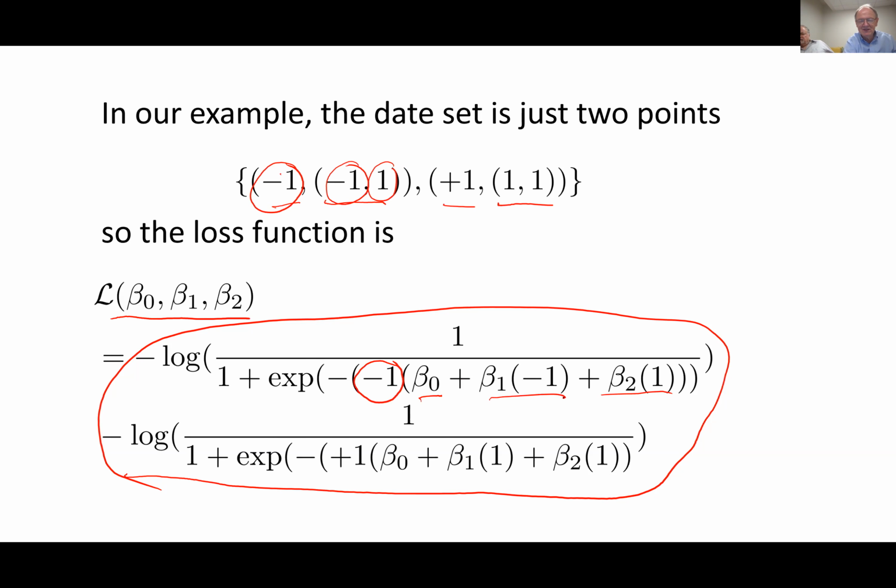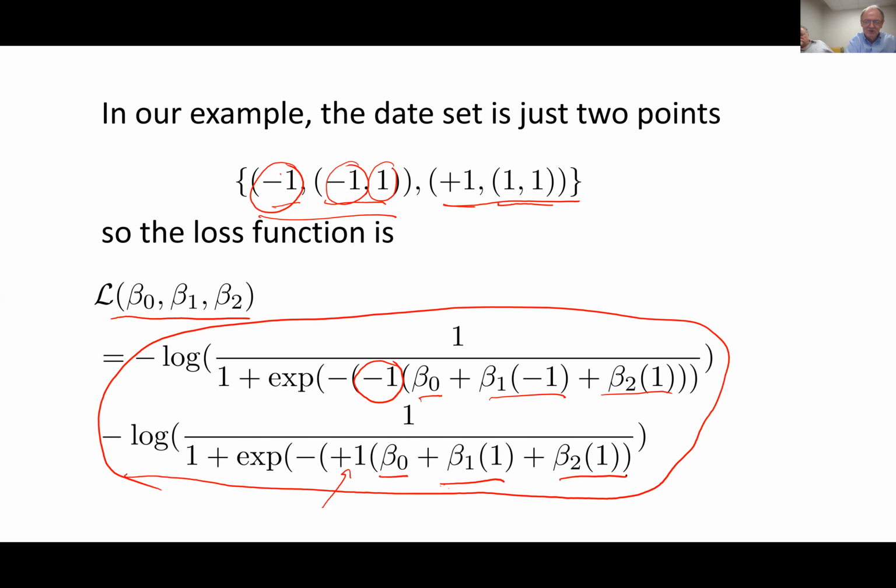That's the term we get from this data point. The other data point has label +1 and beta 0, and then we have 1, 1, so it's beta 1 times 1 plus beta 2 times 1. So this is the logistic regression loss function in this simple case.